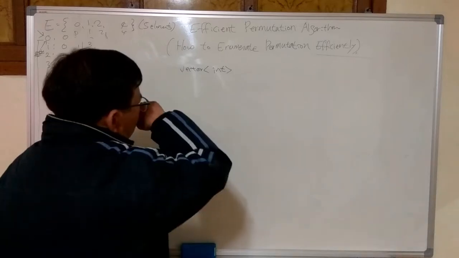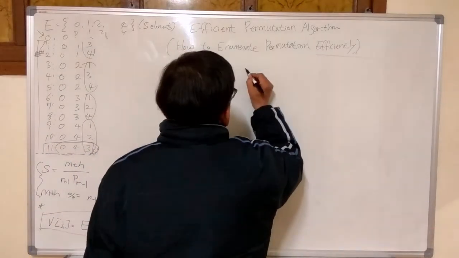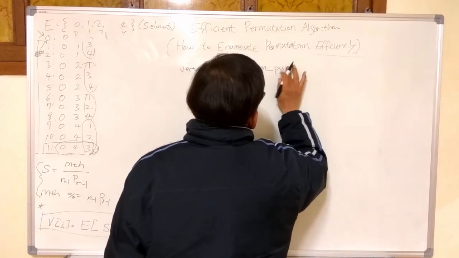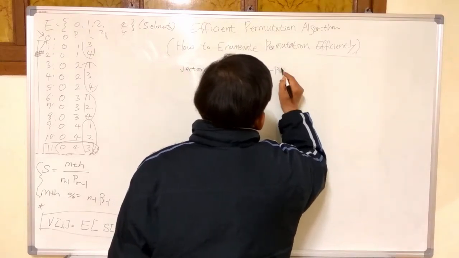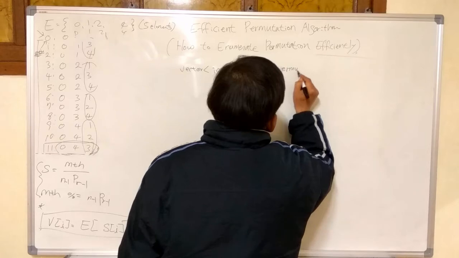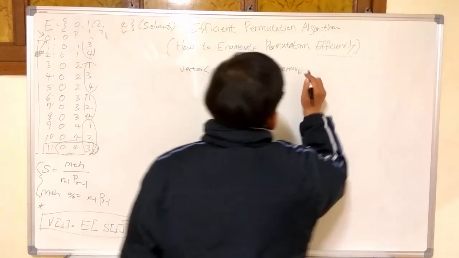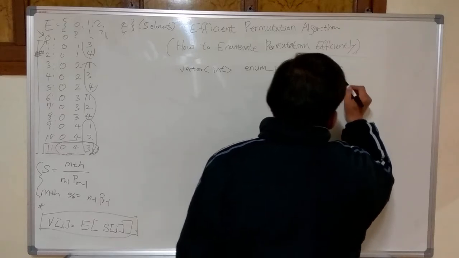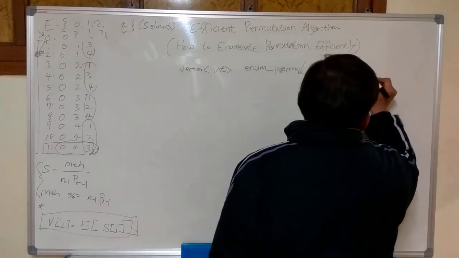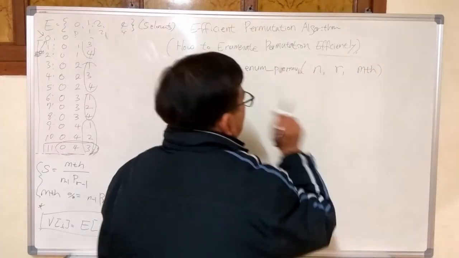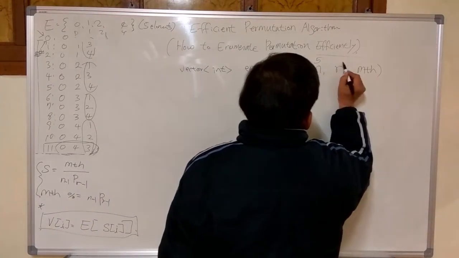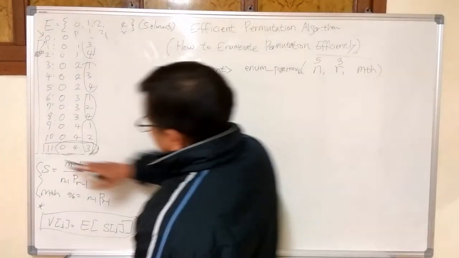We are returning a vector like this: enum permu here n, r, M's, for example. In this example, it can be 5, 3, for example this one 11.